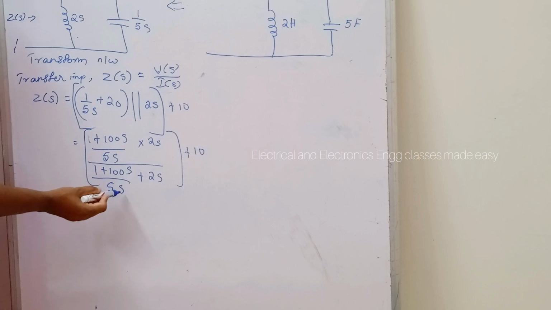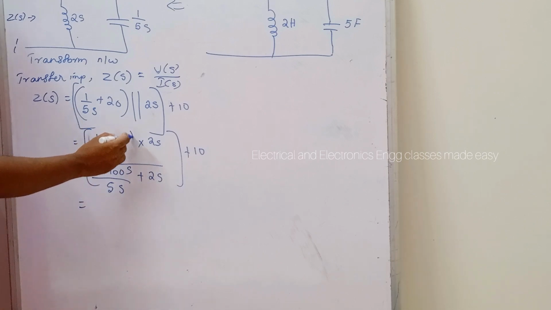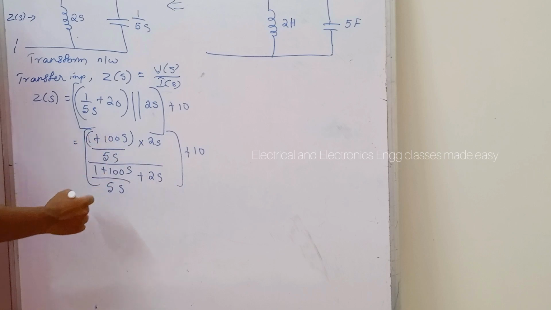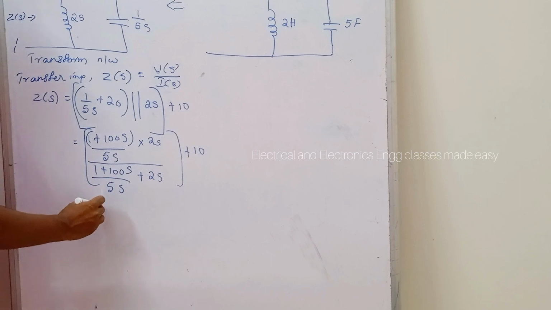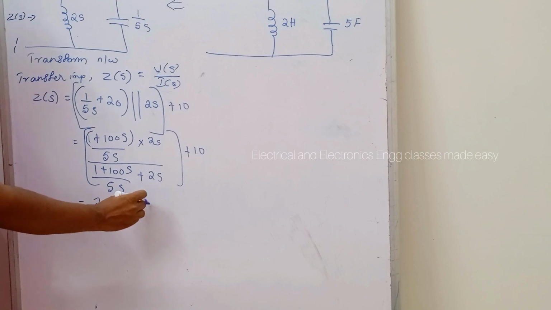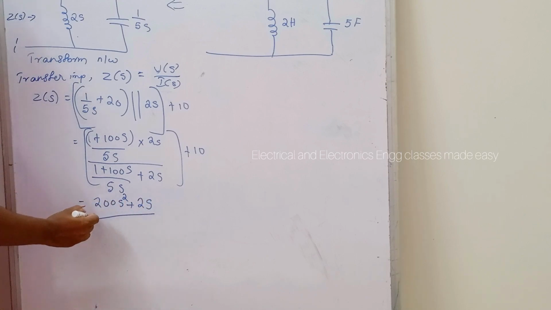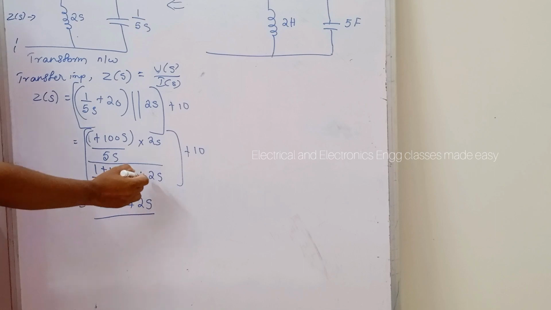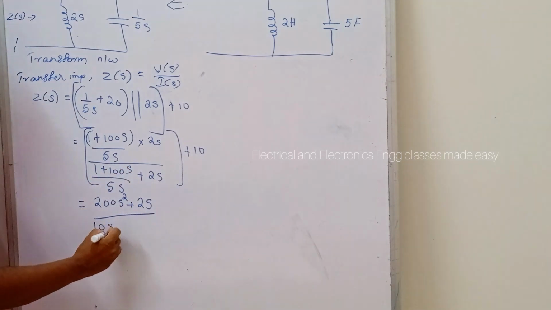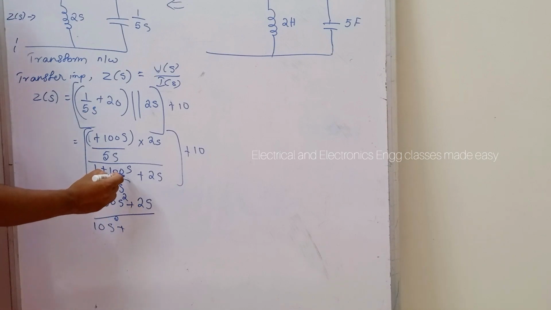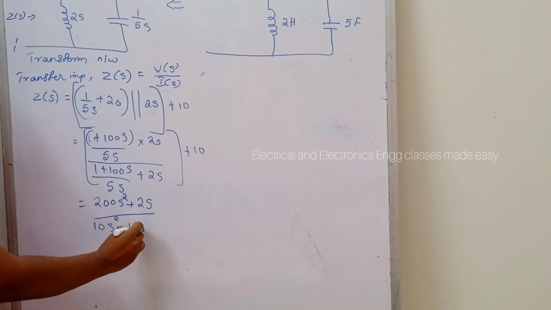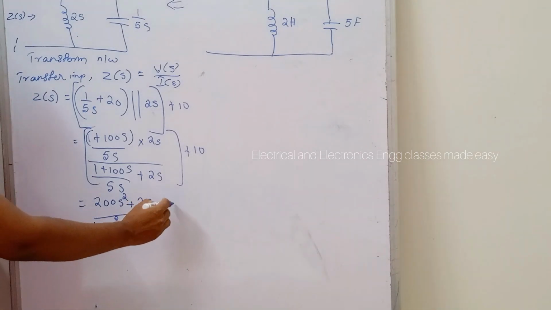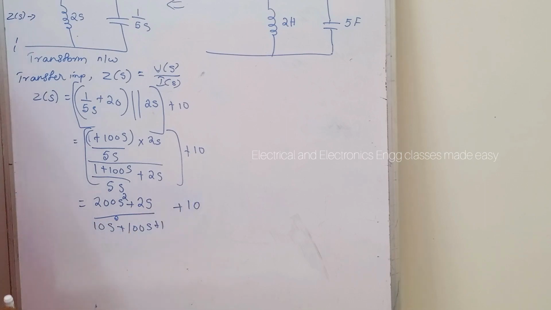Here this 5S and 5S get cancelled, and rearranging we will get 200S square plus 2S, divided by 10S square plus 100S plus 1, which is in series with 10.